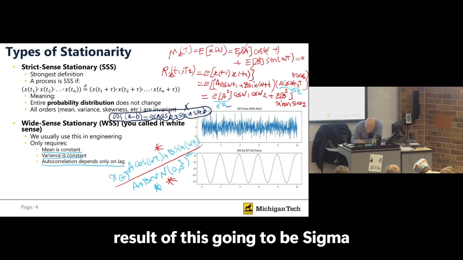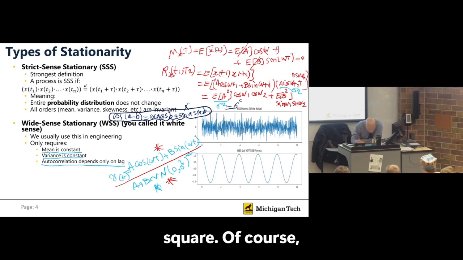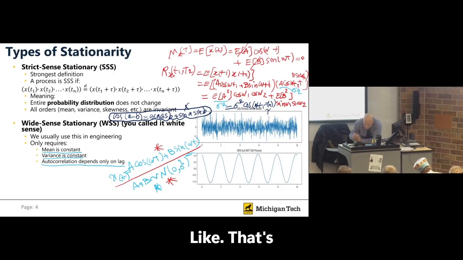The result of this is going to be sigma square cos of omega times (T1 minus T2), and T1 minus T2 is the lag. That's it.